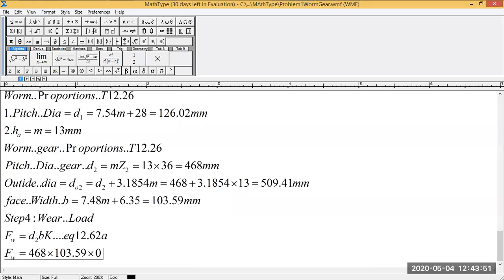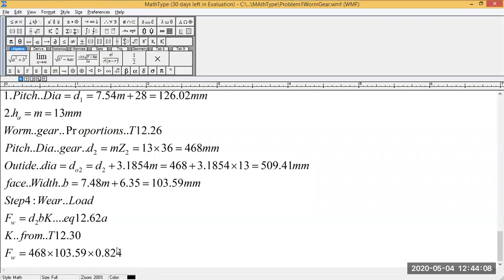So K value 0.824, from table 12.30, and also assuming gamma is 25 degrees.